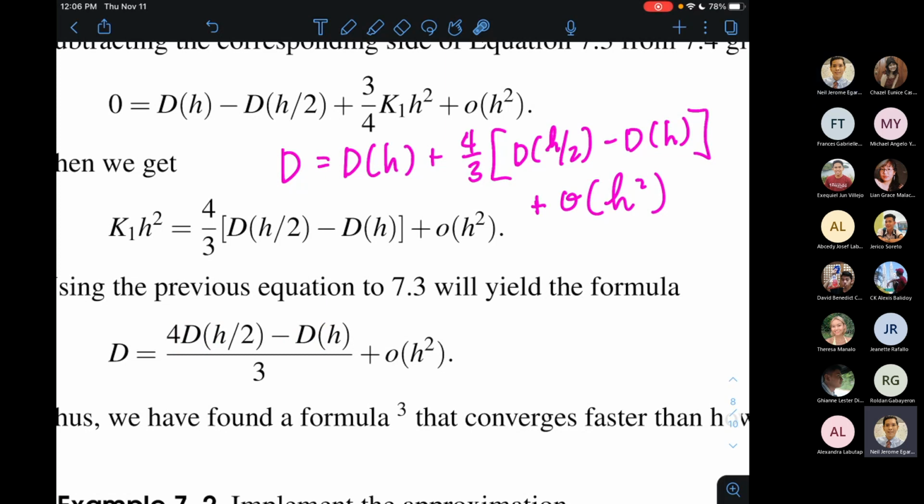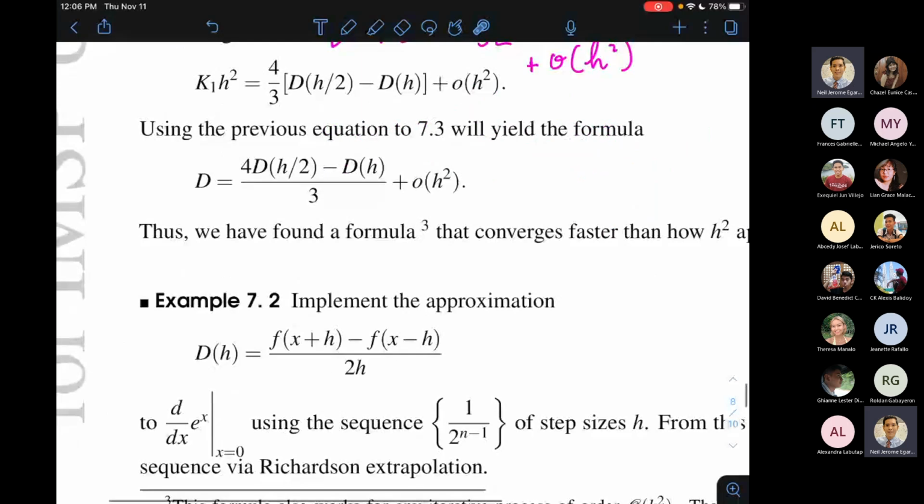Okay? Now, example 7.2 will ask us to implement this process using this function, e to the x, in evaluating its derivative at x equals 0. Well, it's fine. We know the exact value here is 1. Pero gamitin natin or illustrate natin itong process na to.